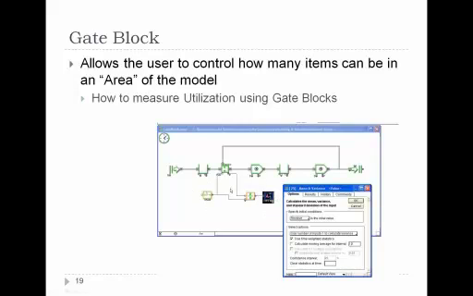This allows for chaining together multiple queues, multiple activities, multiple batch and unbatch blocks, and being able to measure the utilization across the whole system. This is a very valuable tool in building very complex representations of the real world.